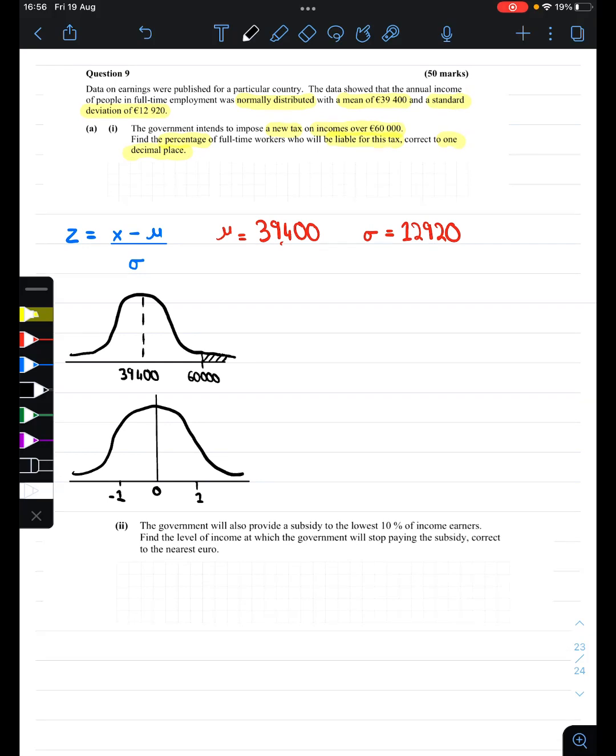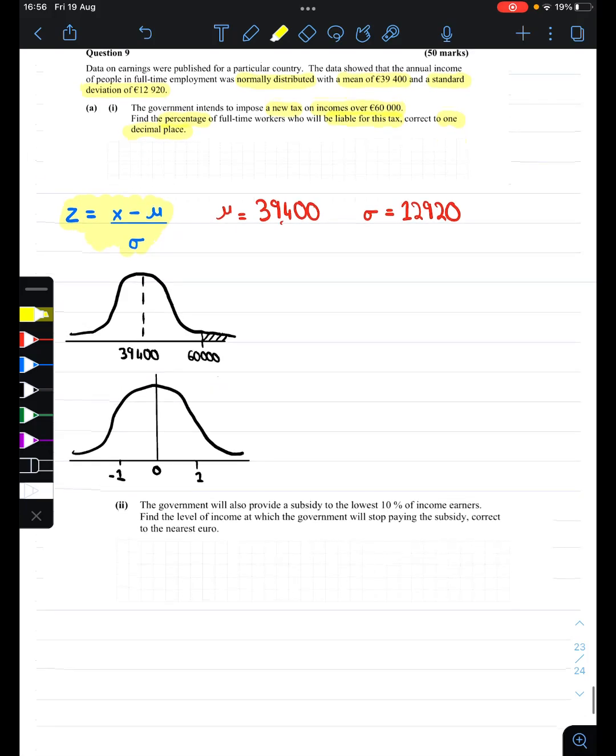And how we change that is with this formula. That's what this formula does. It gives you a z-score in the standard normal. So we want to turn what we have into the standard normal because we know how to work with that.